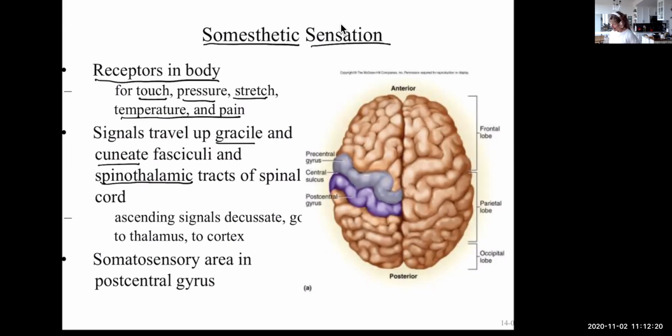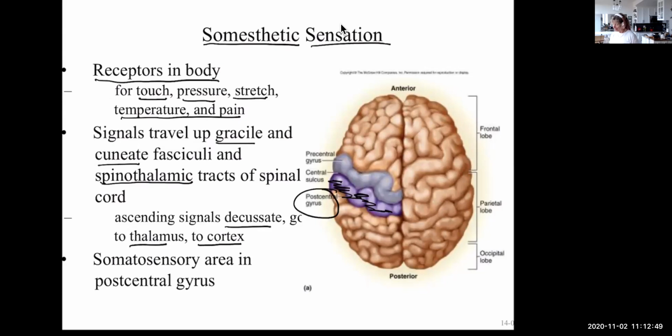They decussate, go to the thalamus, which does some editing, and then to the cerebral cortex. The part of the cerebral cortex that is responsible is the postcentral gyrus, here shown in purple. Somesthetic sensation. So that's where it ends up.